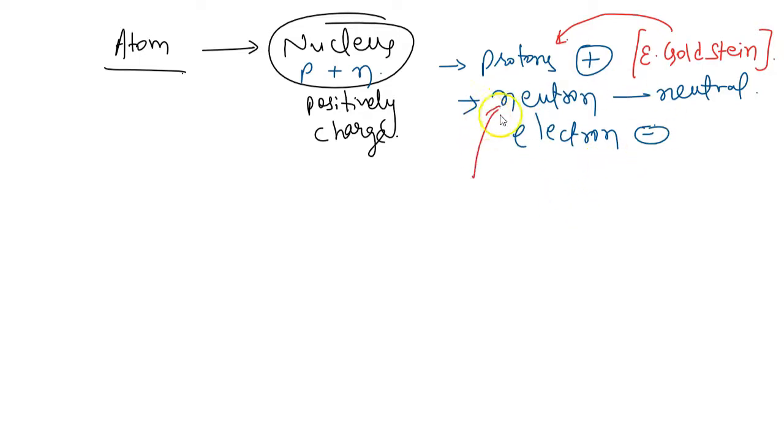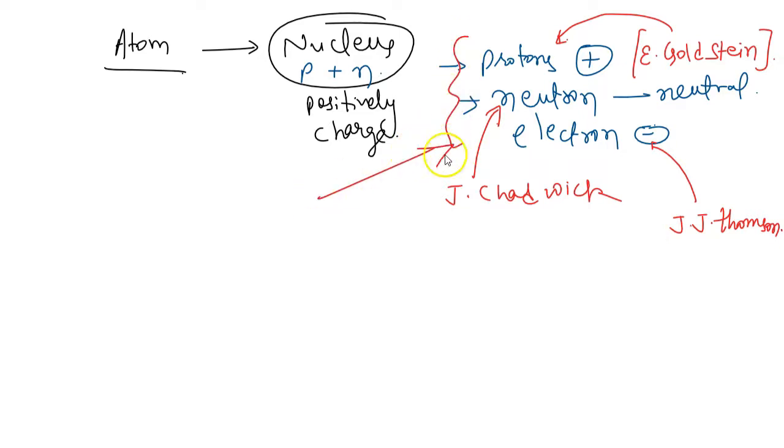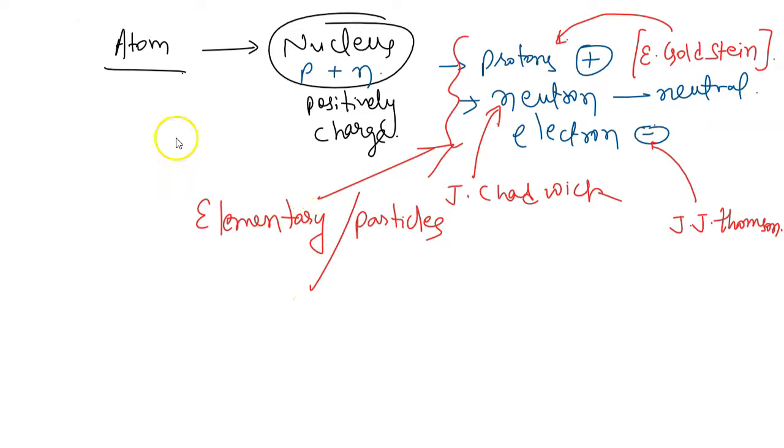Neutron, the credit for its discovery goes to J. Chadwick, and for electron we have just now seen it is J.J. Thomson. So these three are called elementary particles. Why elementary particles? Because they are the most fundamental particles that can exist in the universe.